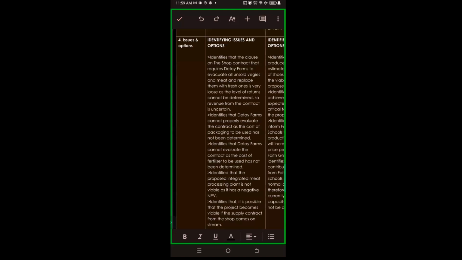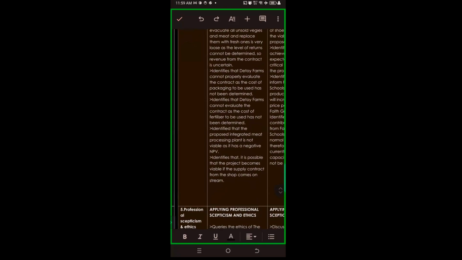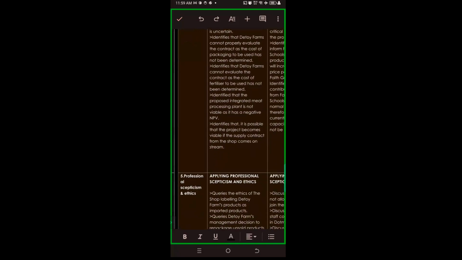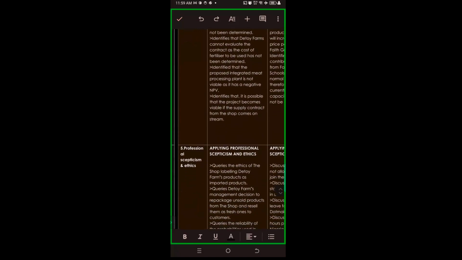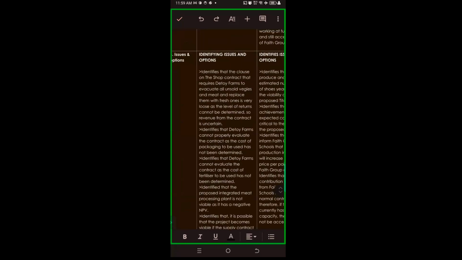Identify that the clause on the shop that requires the farm to evacuate all unsold veggies and replace them is very loose. Identify that the farm cannot properly evaluate the contract as the cost of packaging is not given. Identify that it cannot evaluate the contract as the cost of fertilizer to be used has not been determined. Identify that the proposed integrated meat processing plant is not viable. Identify that it is possible that the project becomes viable if the cost information is given. So these are some of those issues.